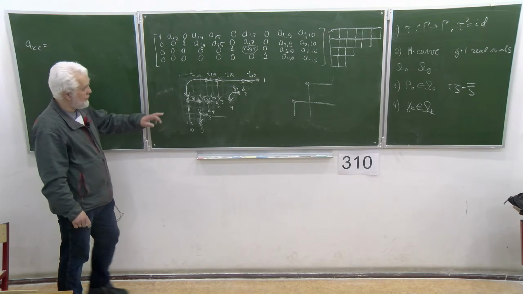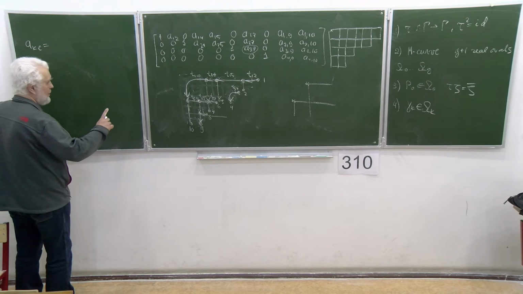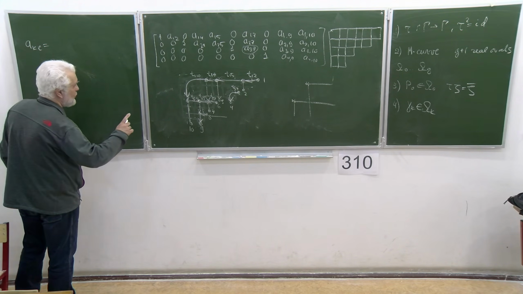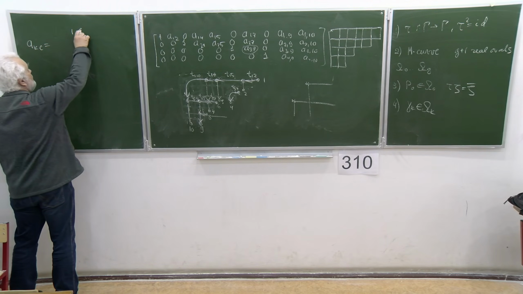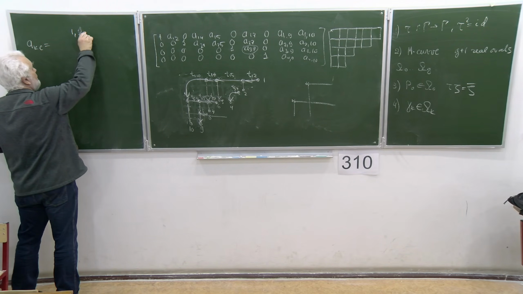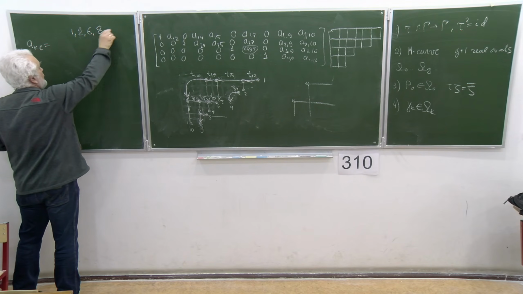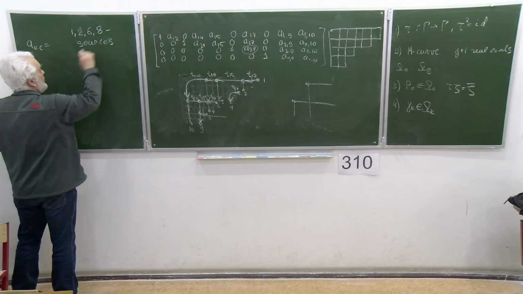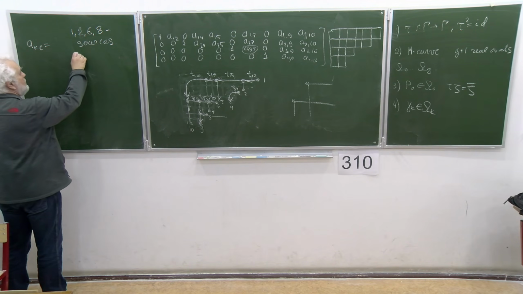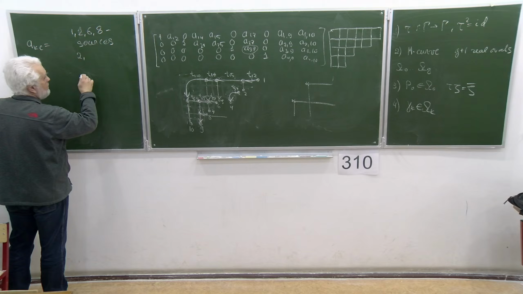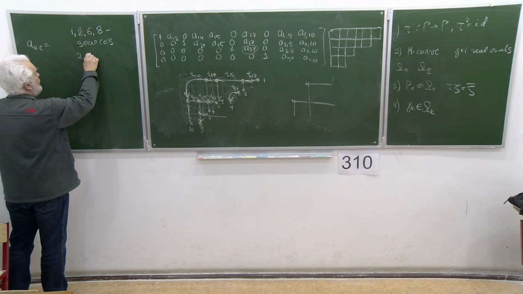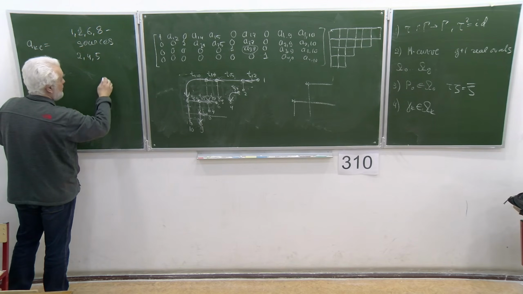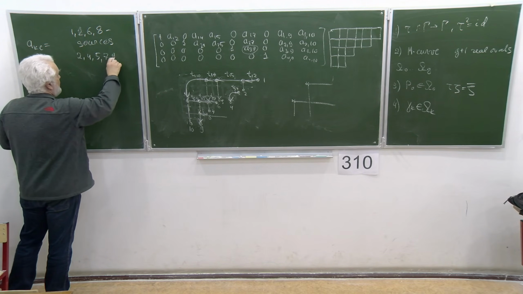And points, okay, A to 8, A to 6, 8. 8 sources. 2, 4, 5, 7, 9, 10.